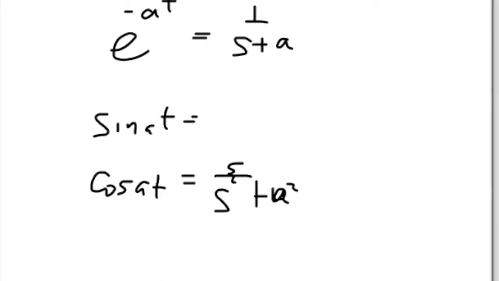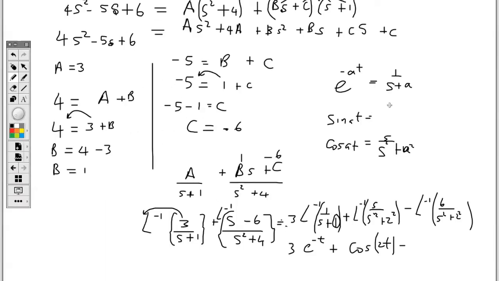And the next one, sine at is equal to a over s squared plus a squared. And here, I'm not seeing a. In this case, the 2 squared gives me what a is. So I rewrite 6 as 2 times 3, and then I factor out the 3.